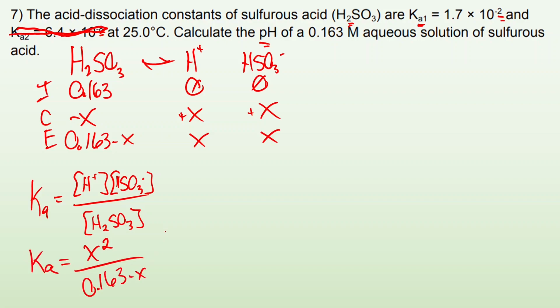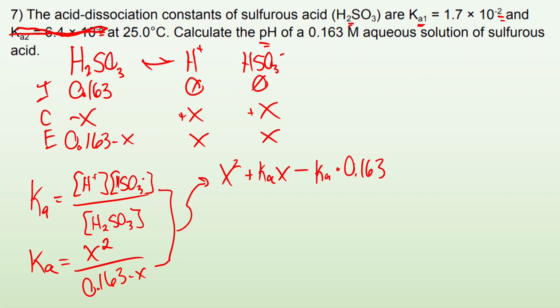So let me do a little algebra. I'm just rearranging, and I end up with X squared plus Ka times X minus Ka times 0.163. When I put those together and I solve, now I use the quadratic, right?